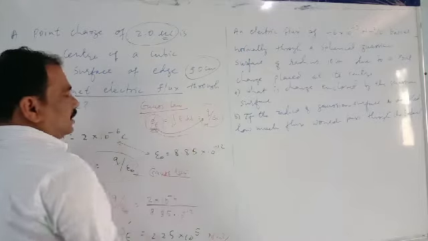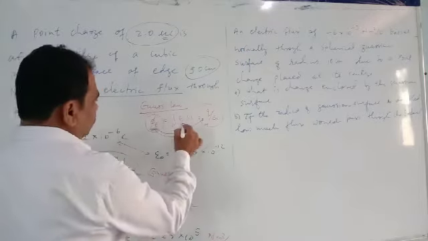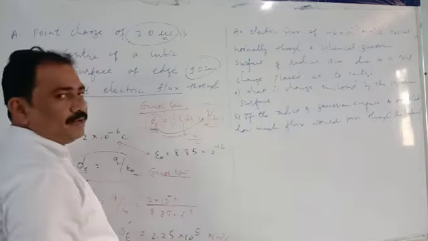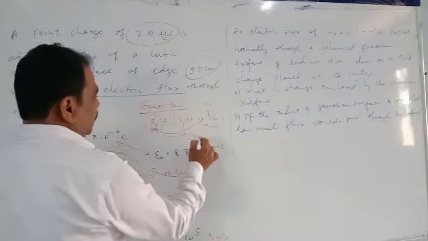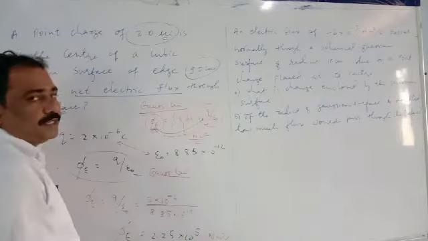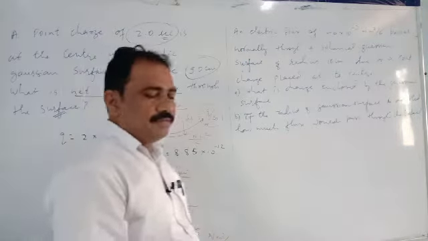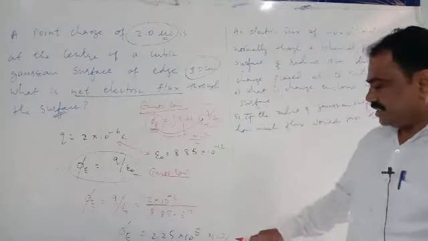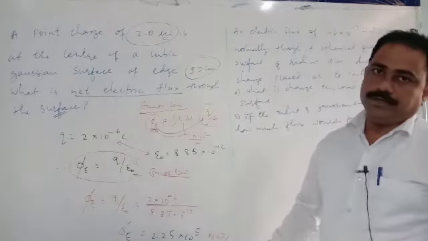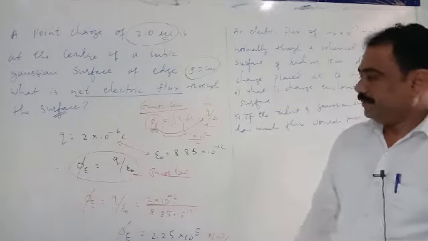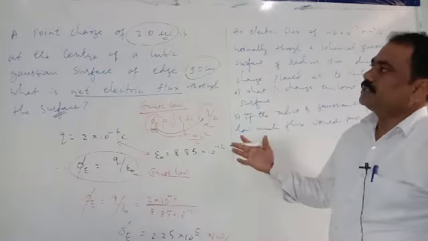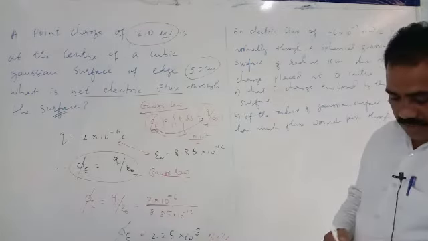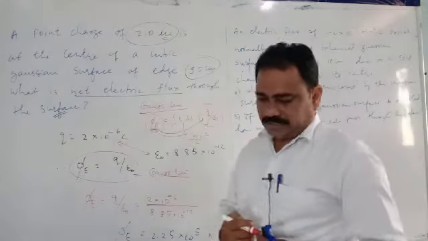E is the electric field intensity, whose SI unit is Newton per coulomb, and dS stands for area, so we put meter square, the SI unit for area. In this way the electric flux is in Newton meter square per coulomb. In this way we can solve problems which depend on Gauss law, or Gauss theorem.